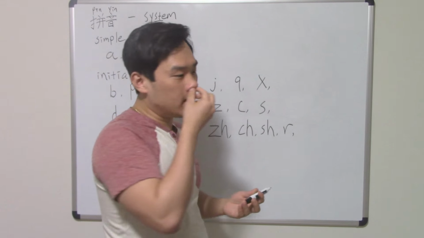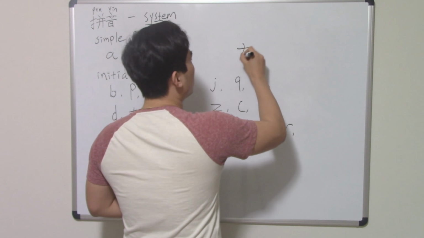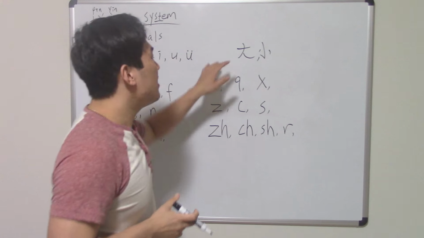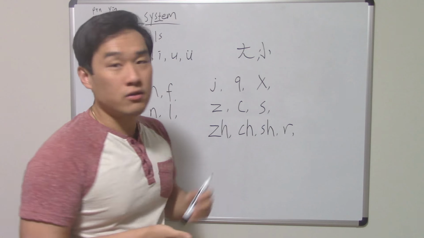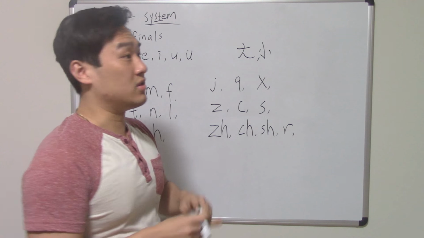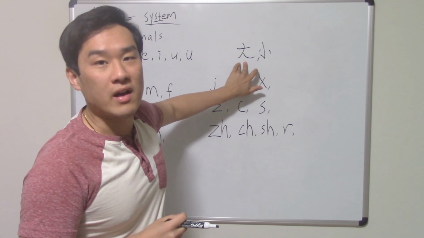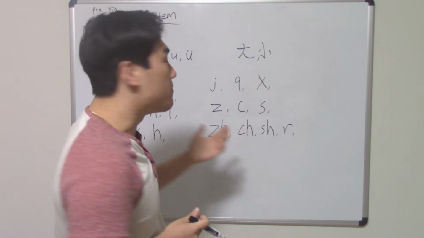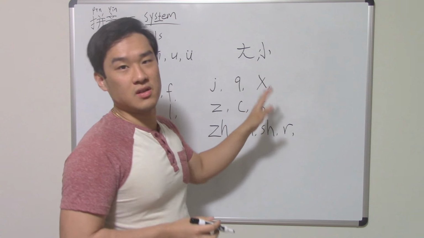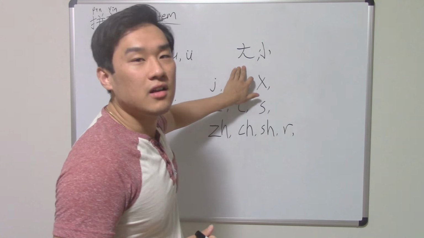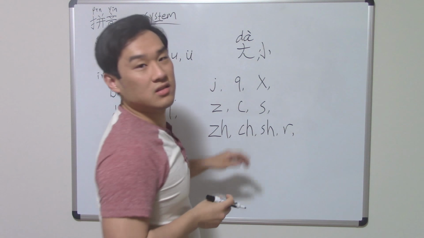When you look at Chinese characters, usually you don't really know how to pronounce them, even if you live in China and see a character you've never seen before. So how do we say this word? Basically, each character in Chinese has a pinyin associated with it. In this case, this character right here will be DA. That's how pinyin works.